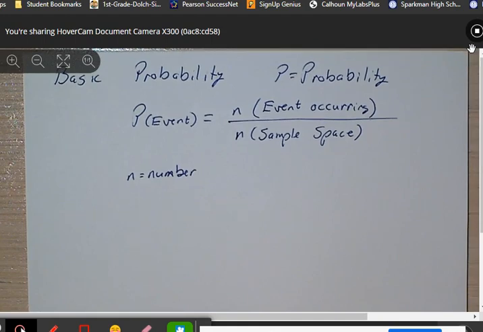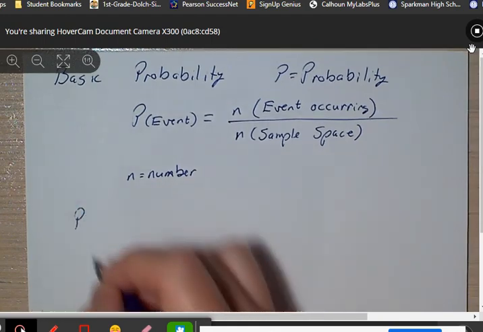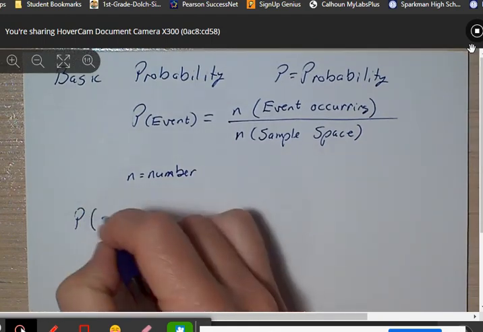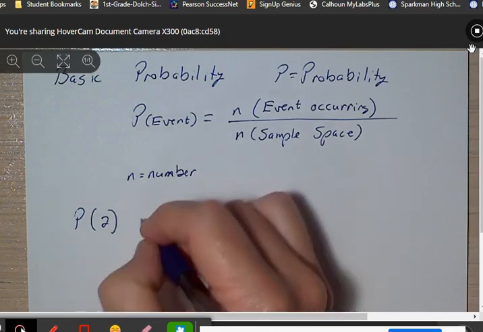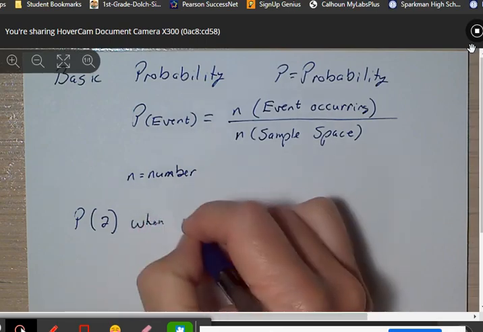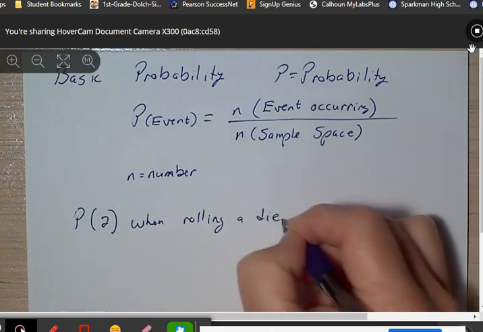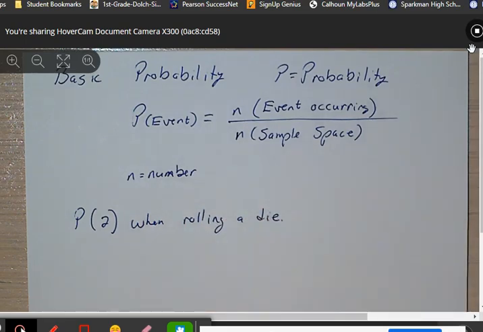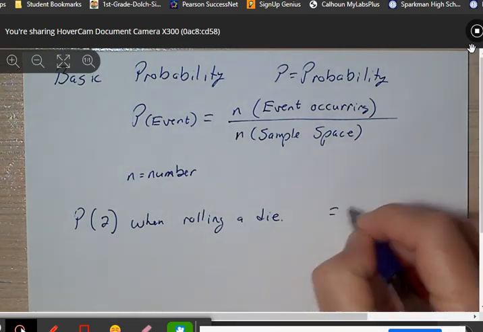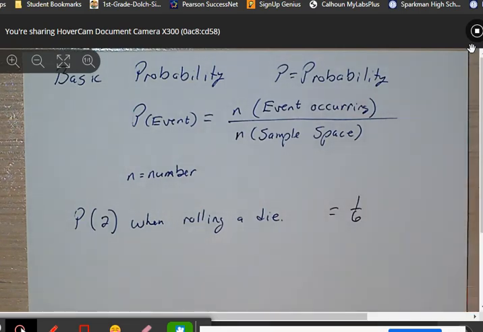So it may be something where, what's the probability of getting a 2 when rolling 1 die? Well, there's only one 2 on there, so your basic probability would be 1 out of 6.